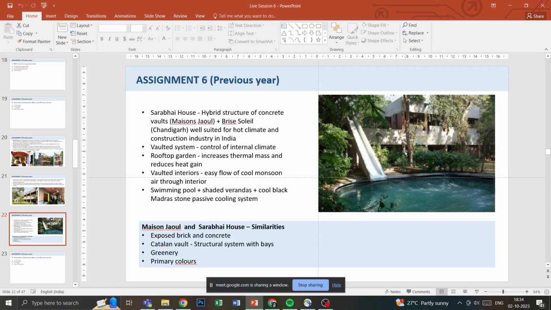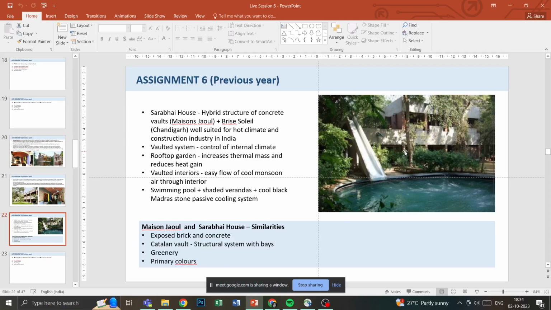There is a rooftop garden in this building, which is also a very typical Le Corbusier aesthetic or Le Corbusier's style, the use of roof garden. Even so much so that when he gave 5 points of architecture and designed Villa Savoye to display the 5 points of architecture, but when he designed Maison Jaoul, which is completely different from the style and the ideas of the 5 points of architecture or Villa Savoye.